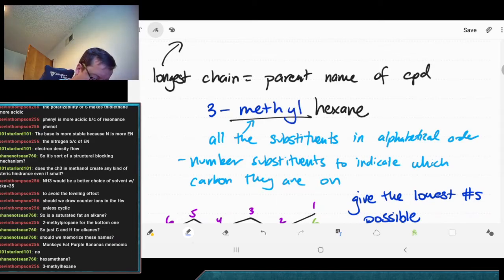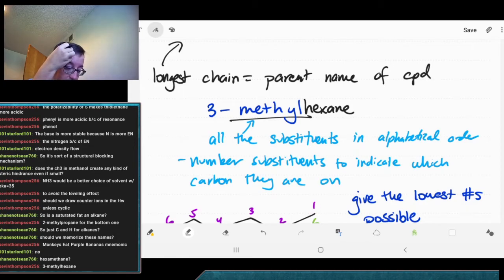We should not have any space here. No space, but we say we have a methyl group on the 3rd carbon of our hexane. And that is how we name these.